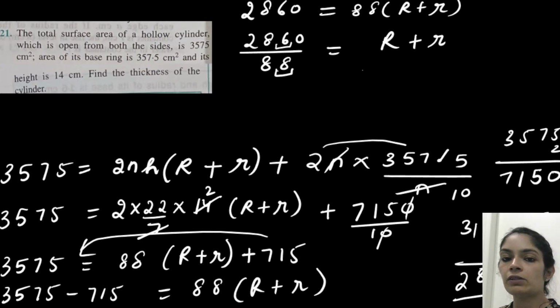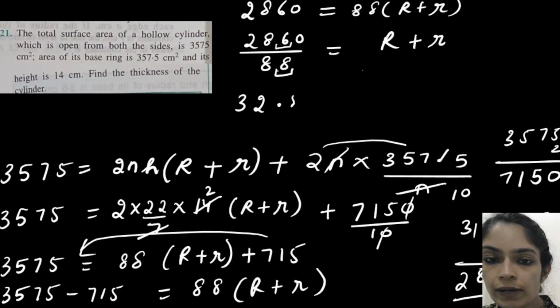Which number is 7? You can check. 88 into 7. 352. 32.5. Okay, you have done the 2. So what is the value of R plus r? We are getting 32.5. Okay, so I'll be writing it as 32.5 is equal to R plus r.